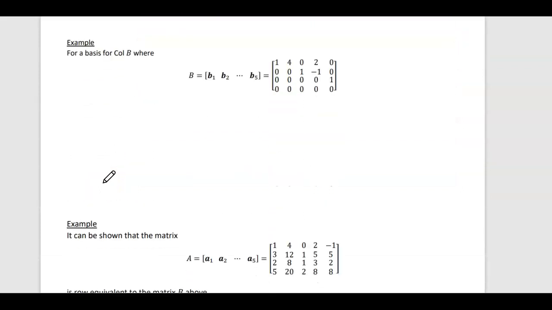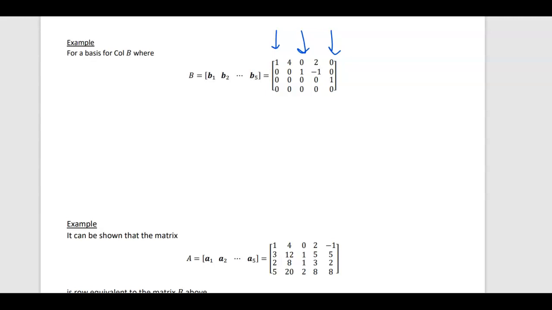Form a basis for the column space of B, where B is equal to this set of B vectors. And of those B vectors, let's find the pivot columns. So my pivot columns are here, here, and here.